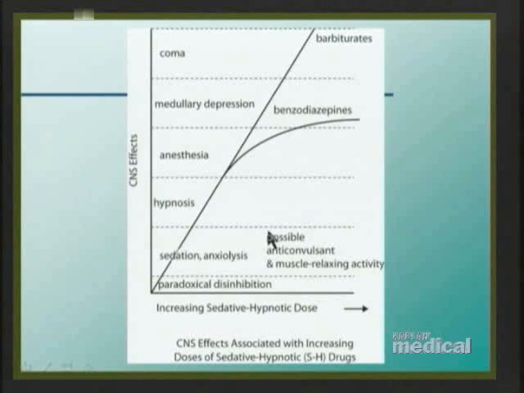Potentially, this level of CNS depression may also have anticonvulsant and muscle relaxing activity. It is this level of CNS depression that is generally looked for when we use benzodiazepines or barbiturates in ambulatory patients.